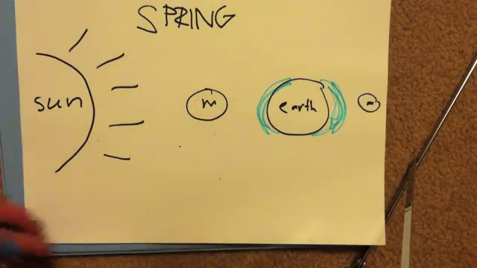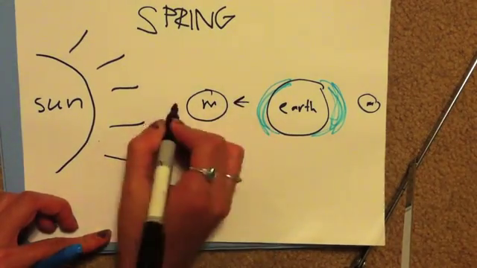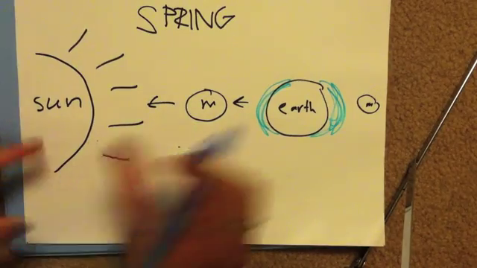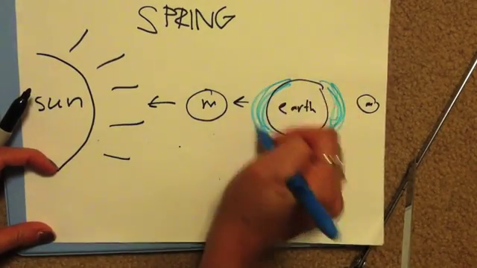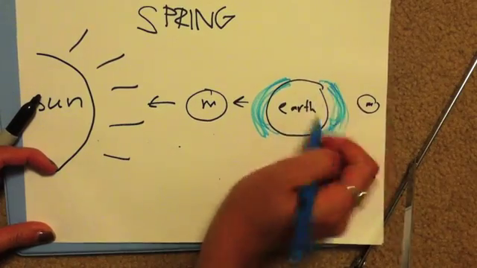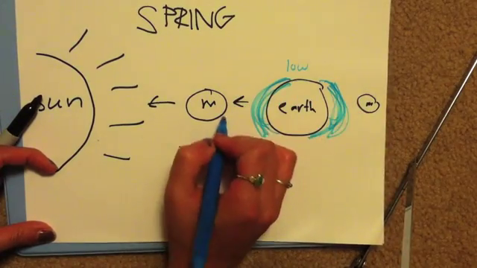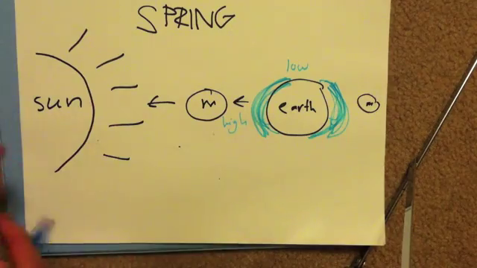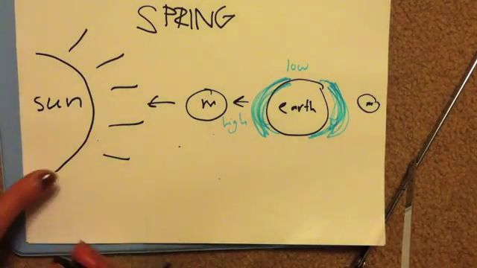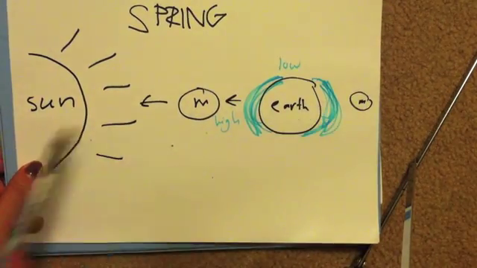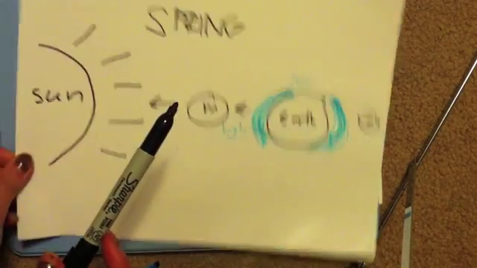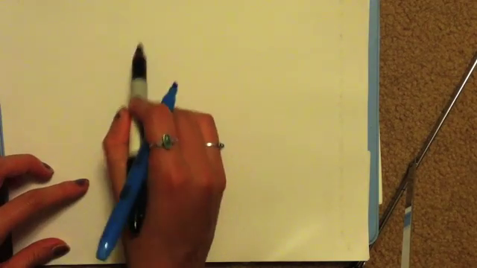So it's just extremely strong, and this creates the highest high tide and the lowest low tide. And again, this occurs either during the full moon or the new moon stage. So again, all three bodies are in line. And the other type of tide is called a neap tide.